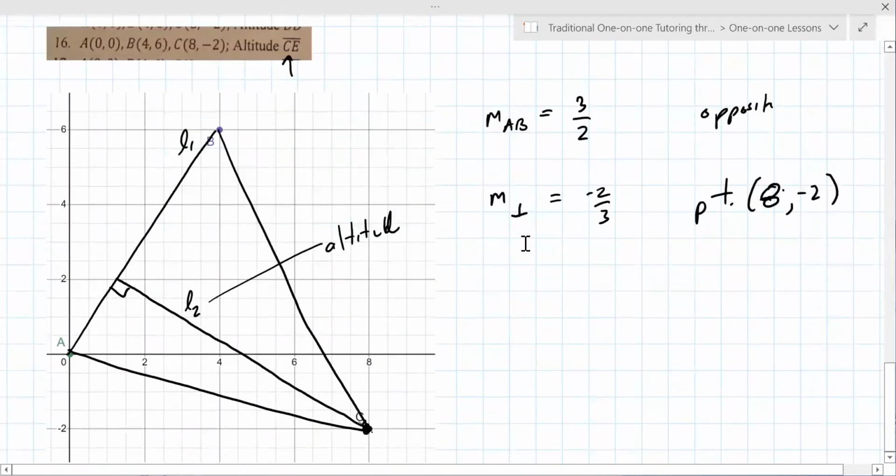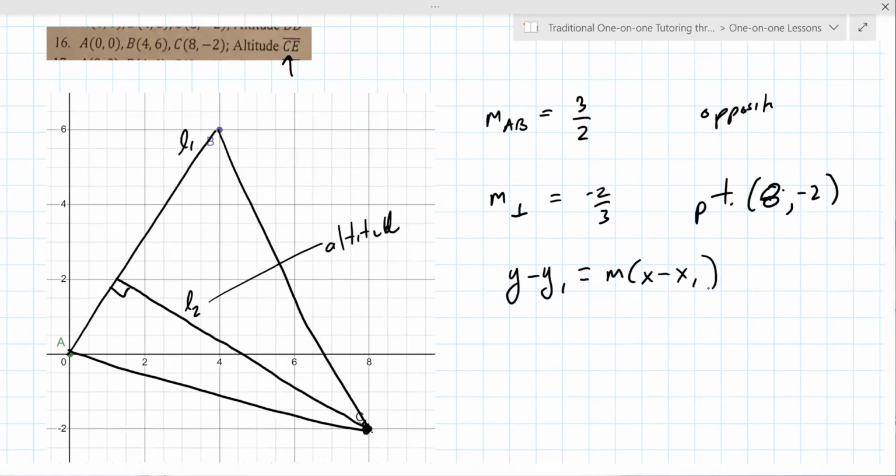Okay, so we need to write the equation of the line: y minus y1 equals m times x minus x1. Can you finish that off for me? Can you tell me what the equation of the line is? Yeah, I'll just write that down real quick. And I'm treating the 8 as x1 and the negative 2 as y1, correct?